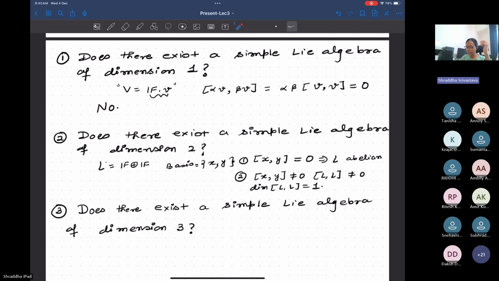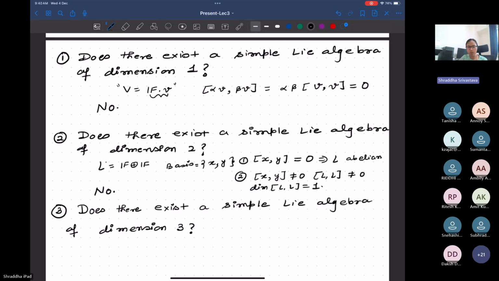It is possible to have a Lie algebra of dimension 2 with a non-zero commutator, and there is only one possibility; I leave it up to you to play around with. But the answer here is that there is no simple Lie algebra of dimension 2.